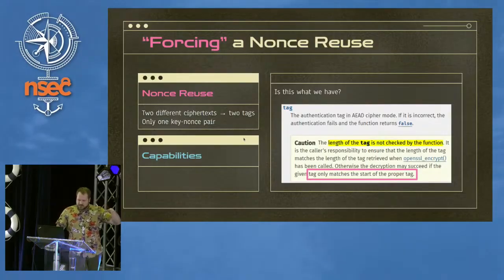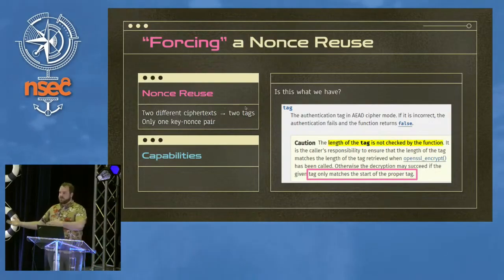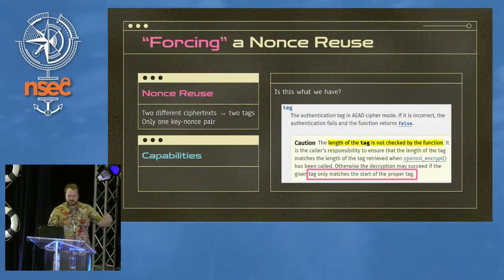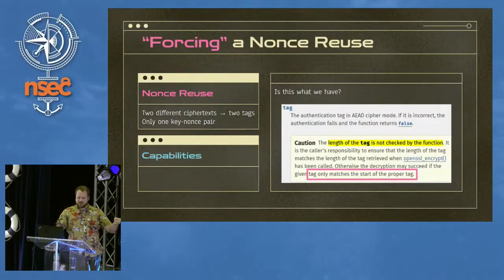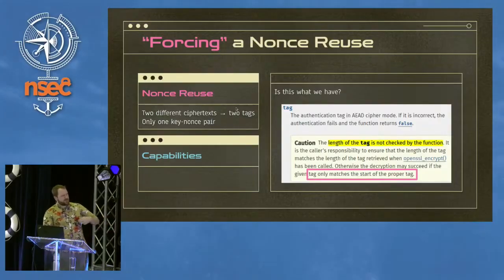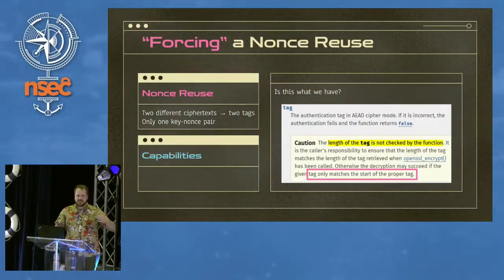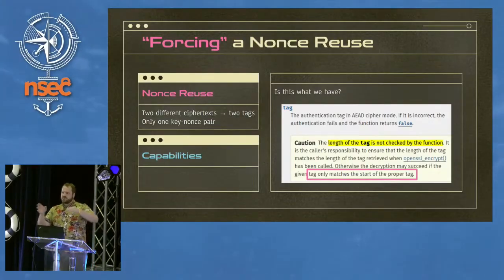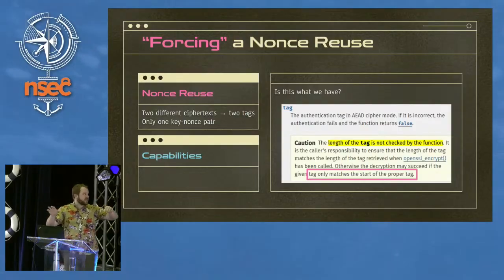If you have 2 different ciphertexts, how could we have that? Well, we bit flip the ciphertext, and then we brute force the tag. So we now have 2 tags. But wait, you only have 1 character of the tag. But you brute force the first one, and then the second one, and then you get the idea. You brute force the whole tag. You've changed the ciphertext, and you have a valid tag.